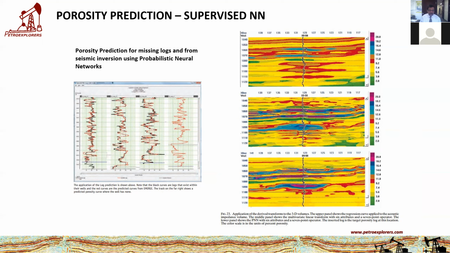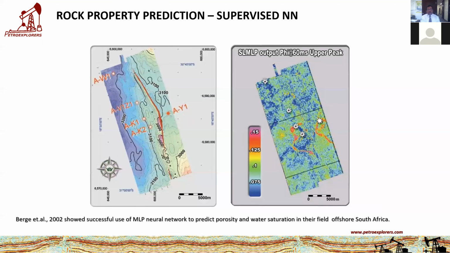So you can combine them together as an application, again an Emerge application. The multilayer perceptron can also be used, and many studies have shown this. This one is from South Africa, showing the successful prediction of porosity.